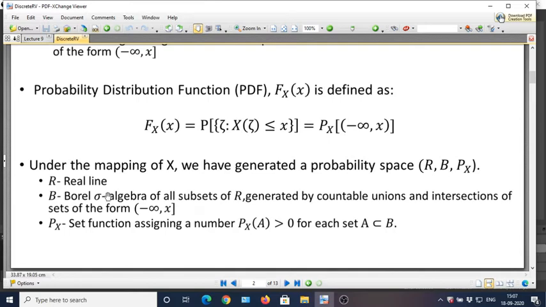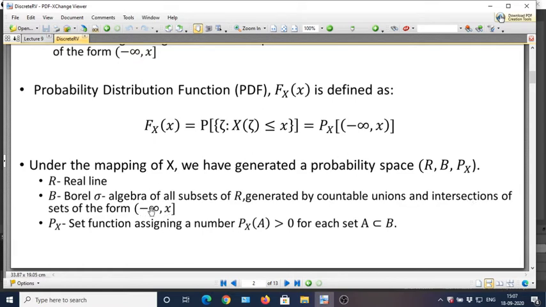So R is the real line, B is the Borel sigma algebra of all subsets of R, which are generated by countable unions and intersections of sets of the form minus infinity to x.